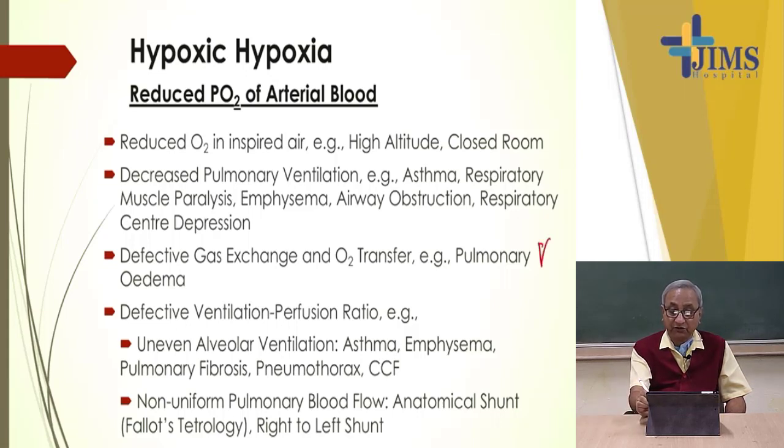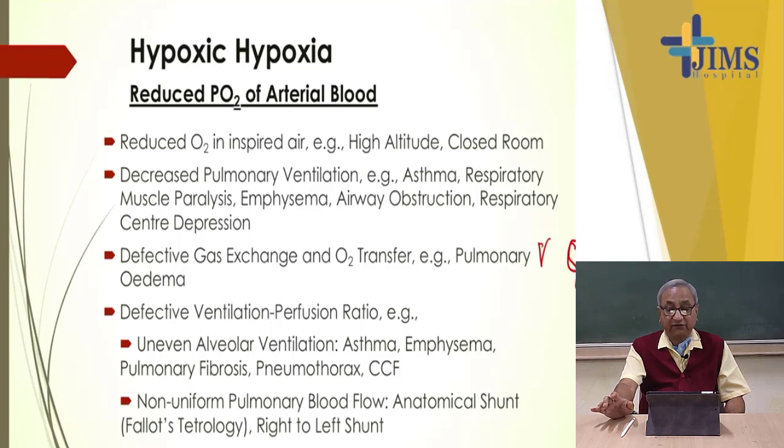So, we had spoken about V and Q, ventilation and perfusion. There is a mismatch in the ventilation and perfusion because the brain is not stimulating the respiratory center to work. Number 4 is defective ventilation perfusion ratio, same thing, the VQ ratio, where there is uneven alveolar ventilation, like in asthma, emphysema, pulmonary fibrosis, pneumothorax, and congestive cardiac failure.